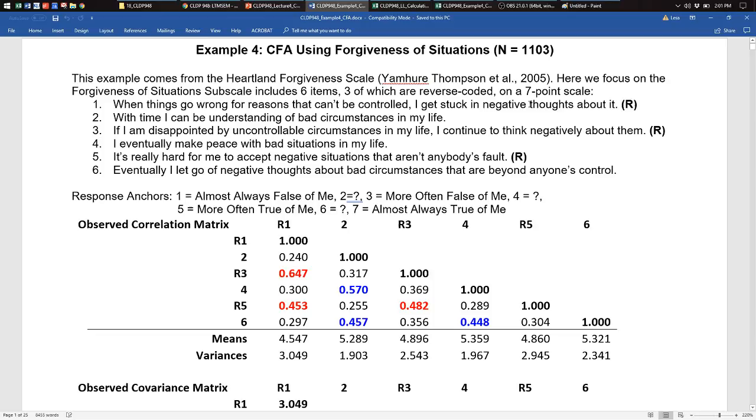Here is their correlation matrix. This is the pattern of correlation the model is trying to reproduce. I highlighted the potential problems that we're going to see, in that the positive items are more related to each other and the negative items are more related to each other and less related in between the two.